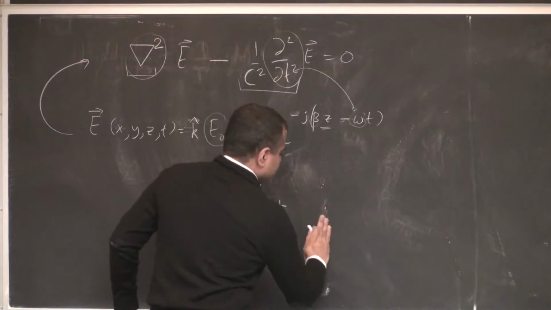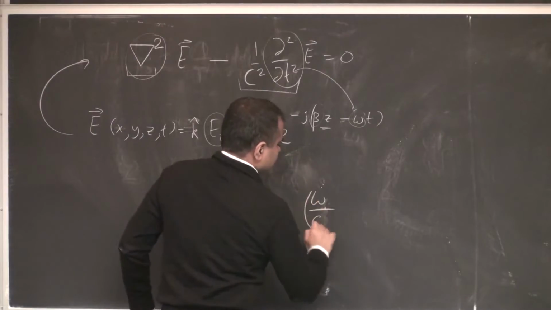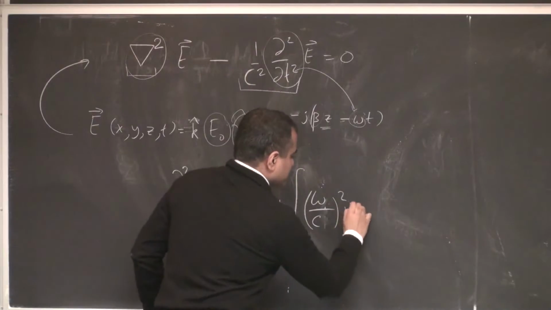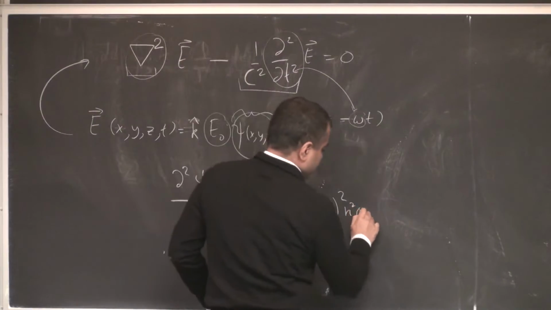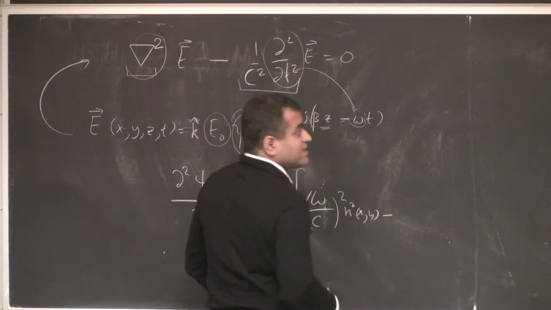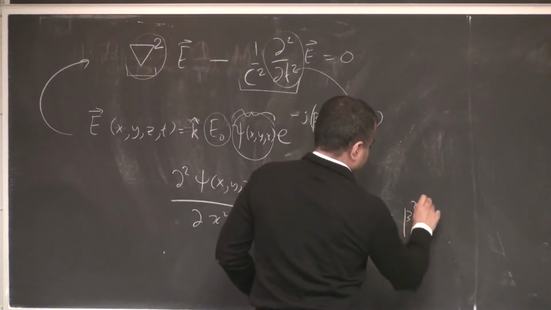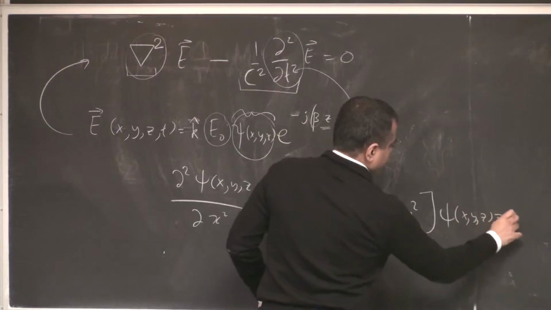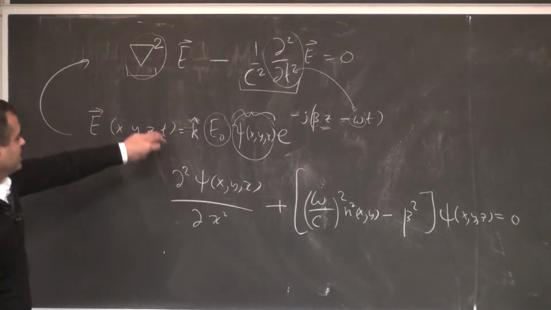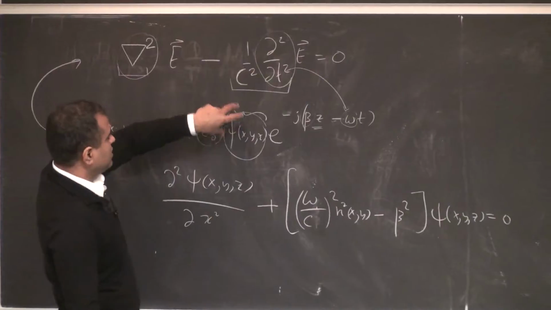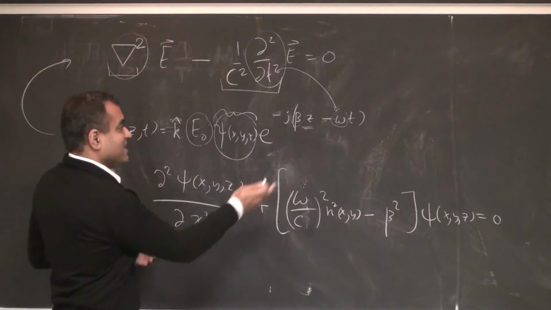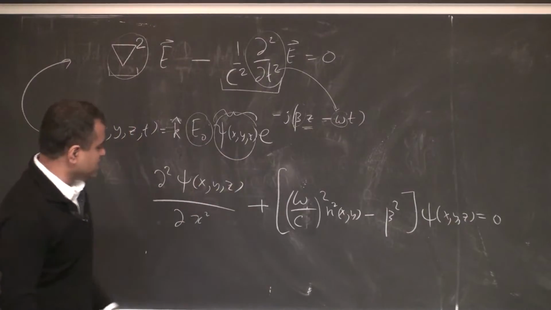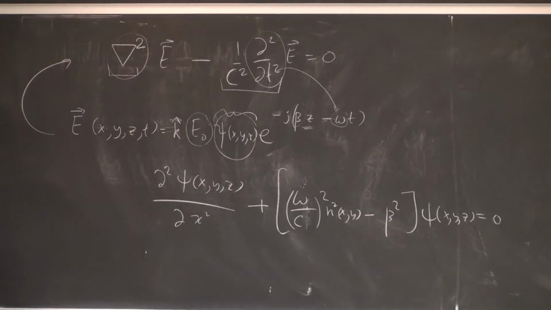Let's write it as omega, which is the frequency, over c, whole squared, and then there's a refractive index squared as a function of x, y. Minus this is beta squared. Basically it's saying that if you assume an electric field of this form, to solve Maxwell's equations in this laser waveguide, which is propagating along the z direction, you must satisfy this equation.